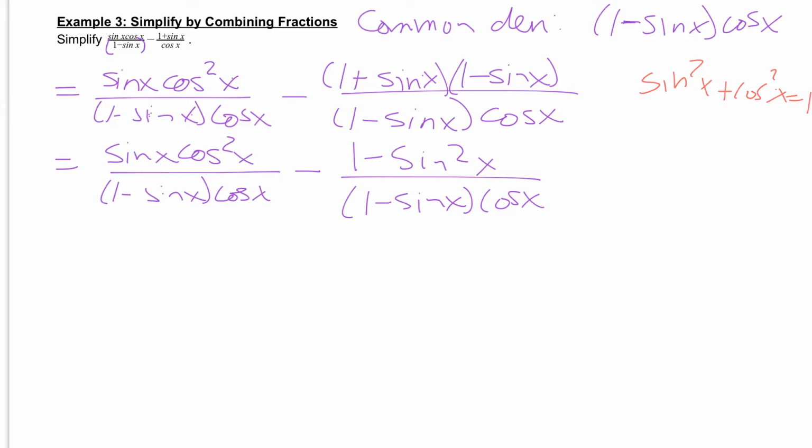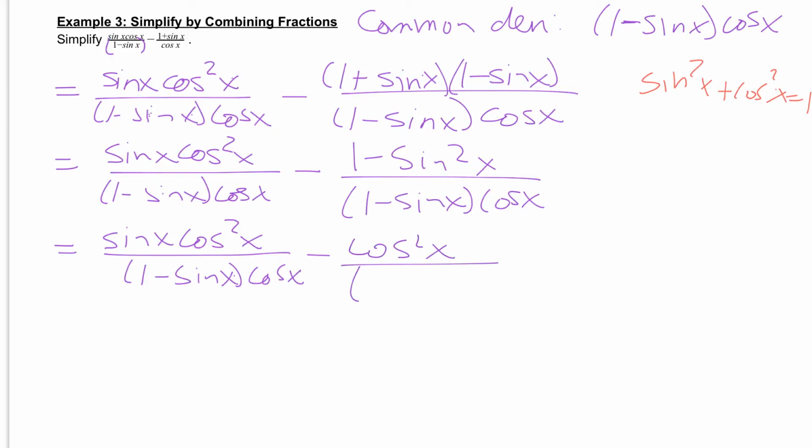So I have my first fraction, which is sine x cosine squared x over 1 minus sine x cosine x. And I'm going to change, in this next step, the 1 minus sine squared into cosine squared x all over 1 minus sine x cosine x.